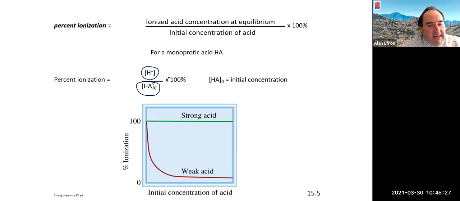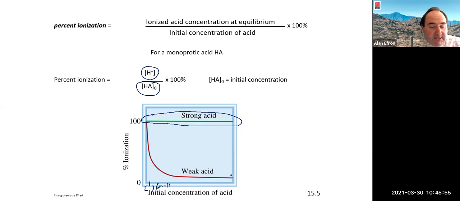What makes something an acid is the ability to produce H plus free in the solution. Strong acids have 100% ionization. As we talked about, they're a one-way street. They're going to 100% break apart. Weak acids, on the other hand, have a very high percent ionization when concentration is low or small.